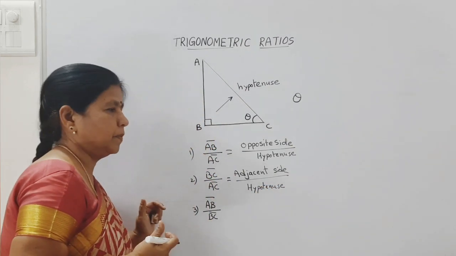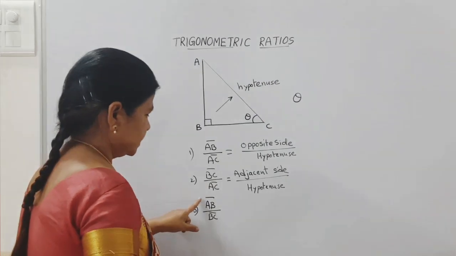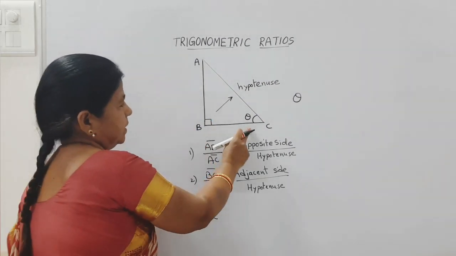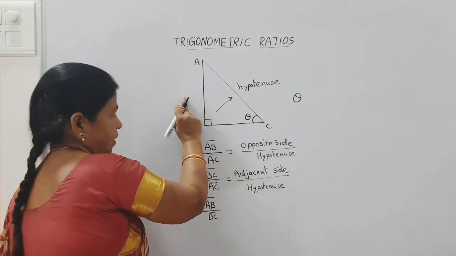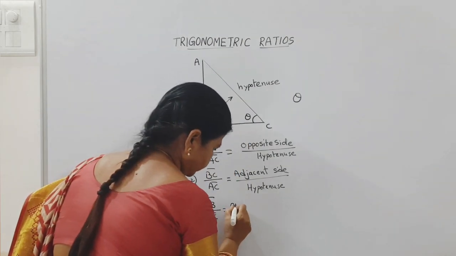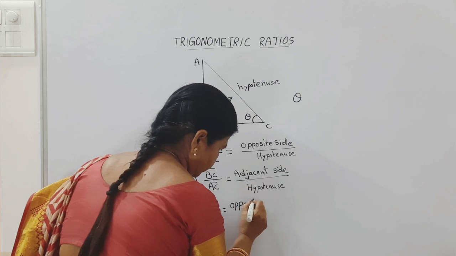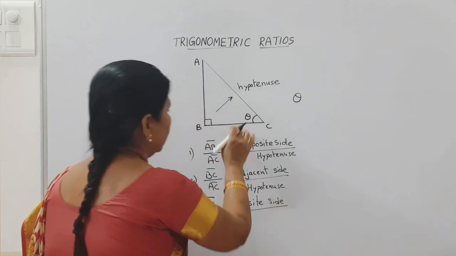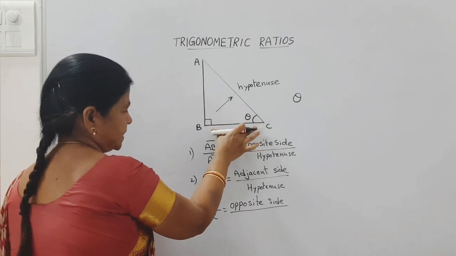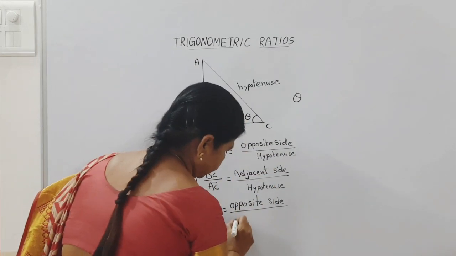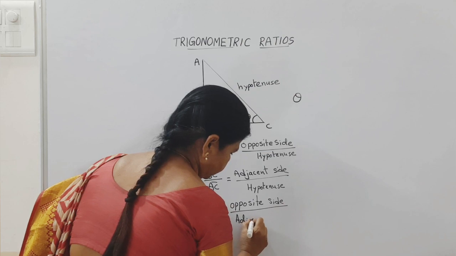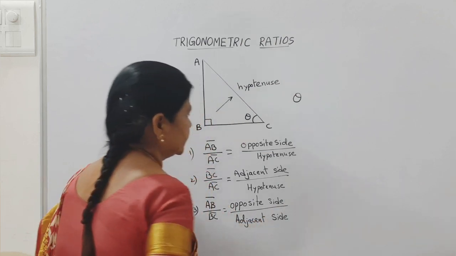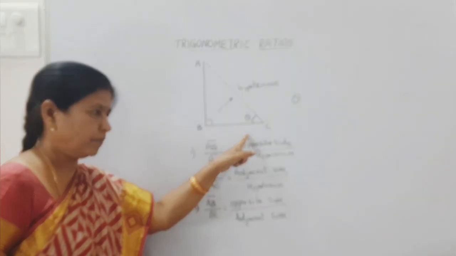Adjacent side by hypotenuse. Now let us consider these two sides. AB with respect to theta is the opposite side, and BC is the adjacent side with respect to theta.